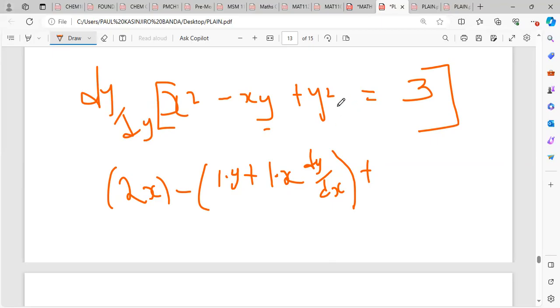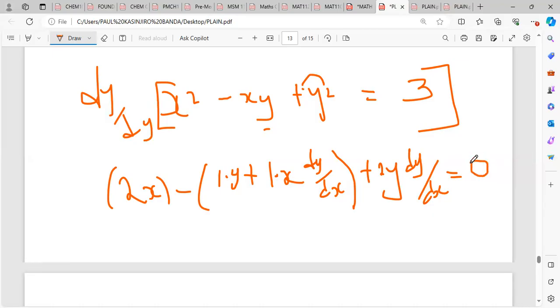How do you differentiate y squared? We drop the power there, we drop the power to be 2y. Then since we are differentiating y, we add dy dx. I hope you are getting it. Then is equals to, what is the derivative of a constant, guys? What is the derivative of 3? The derivative of 3 is just 0.